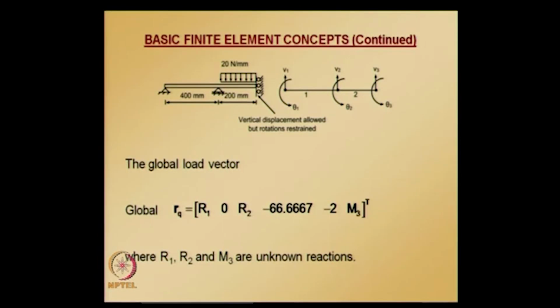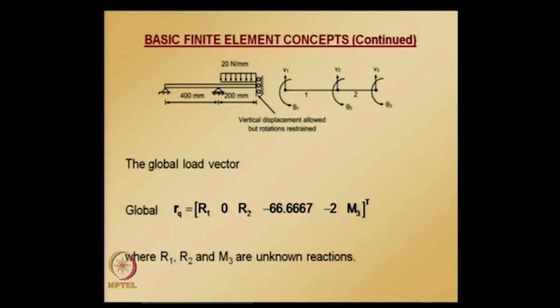So, at these corresponding locations in the global load vector, reactions will be developed, which are denoted with R1, R2 and M3. We do not know these now and need to determine them later. So, these are unknown reactions. So, we got the global load vector.